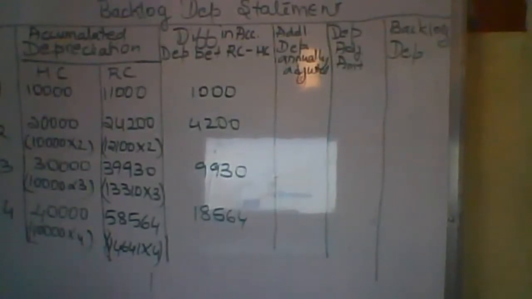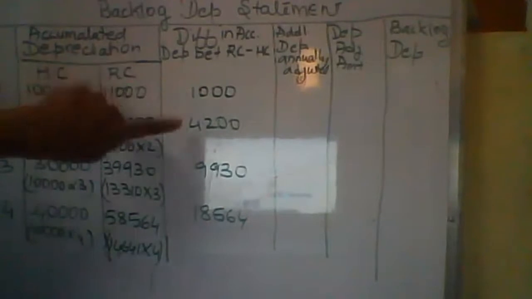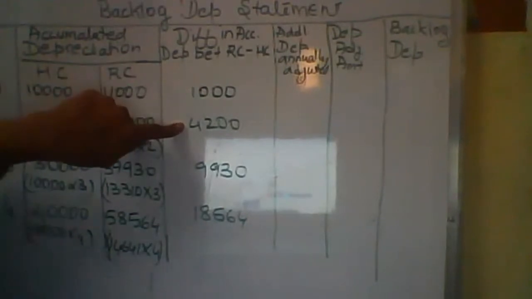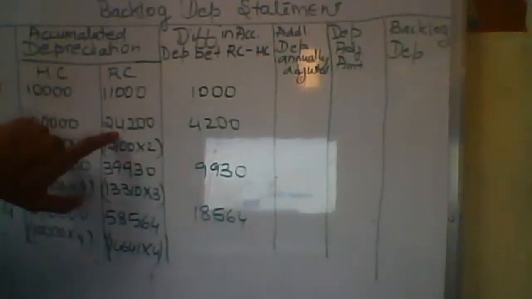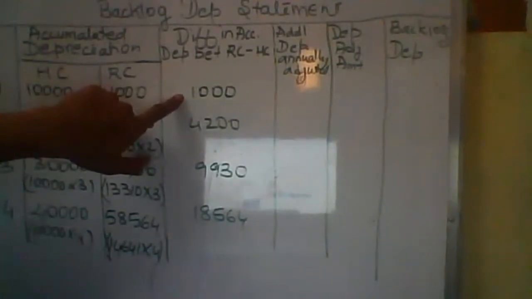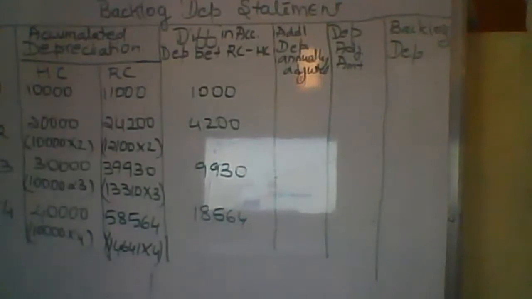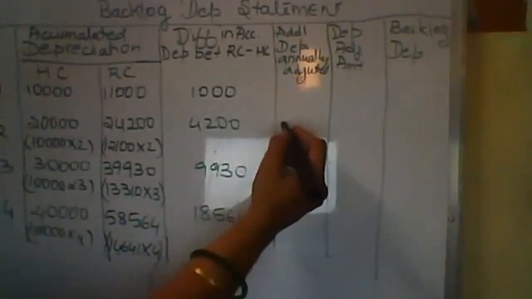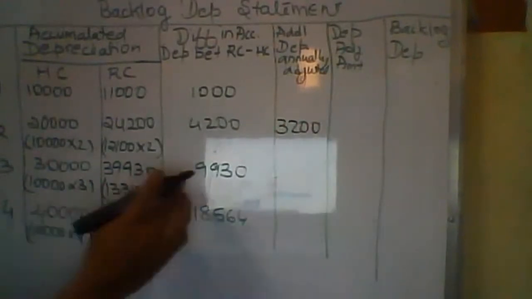Okay. Now, what is the depreciation which is additional? It means how much more depreciation each year has to be adjusted. Suppose first year you already adjusted 1,000, second year is 4,200. This 4,200 is the amount for 2 years. In 4,200, I already adjusted 1,000. So I only will have to adjust that excess amount, additional amount, 3,200.